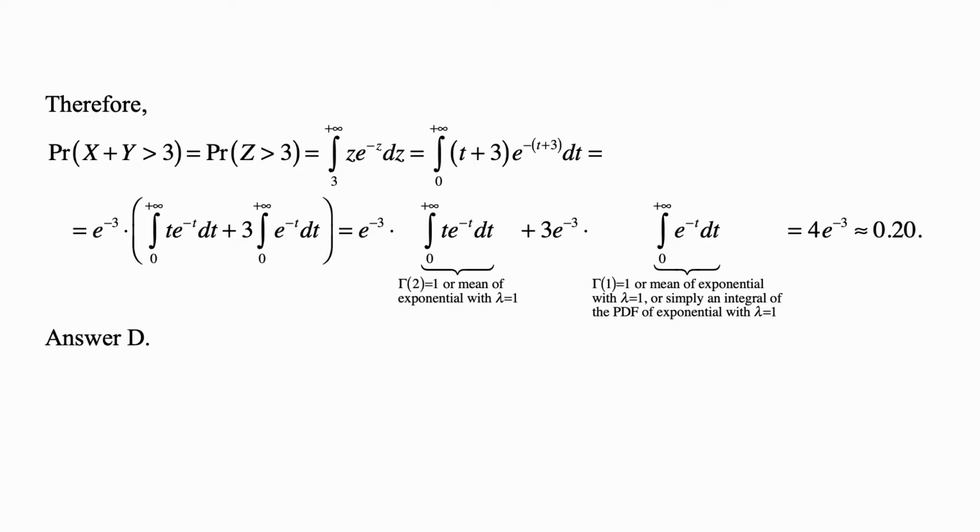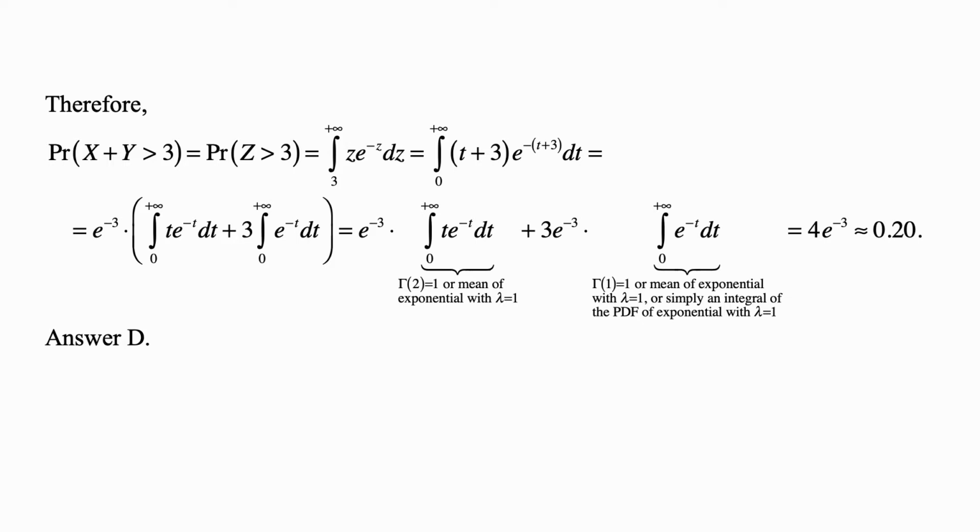There's a variety of things you can say just immediately to see that this is equal to 1. First, this is the gamma function evaluated at 2, so it's 1, because it's 2 minus 1 factorial.